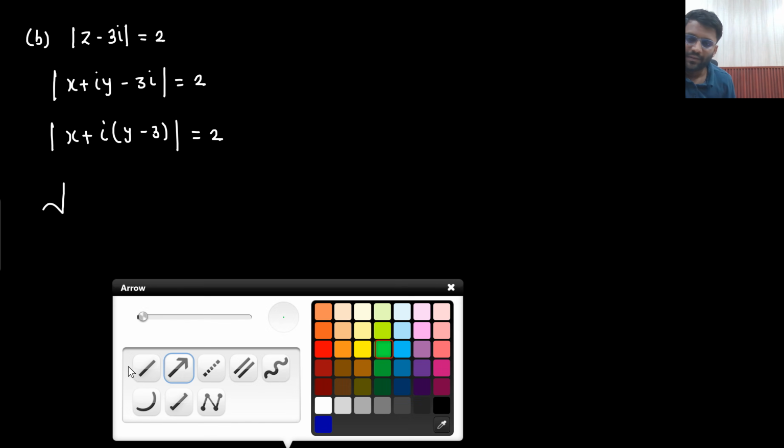This is A plus iota B. So for A plus iota B, what will be the magnitude? Under root A square plus B square. So similarly, what will be the magnitude here? Under root A square plus B square, that would be equal to 2.